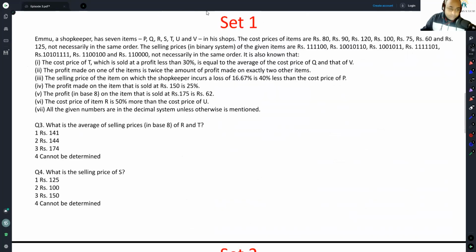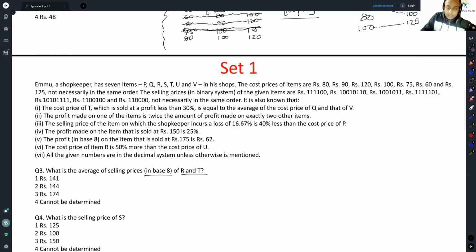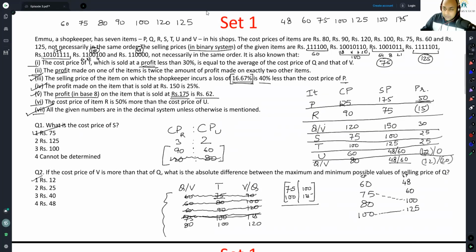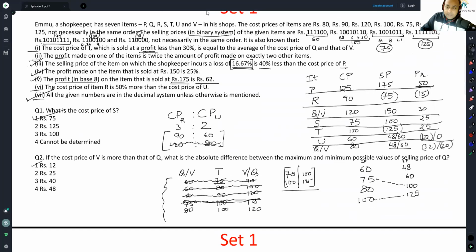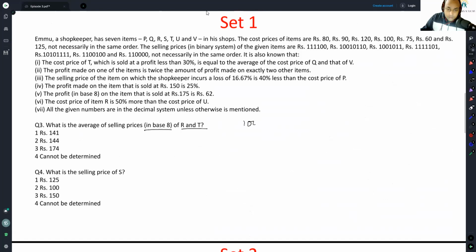Okay. What is the average of selling prices in base 8 of R and T? Let us look at selling prices of R and T. This is 75, this is 125. So the average is 100. 100 in base 10 has to be converted to base 8. So it will be 1, 4, 4.